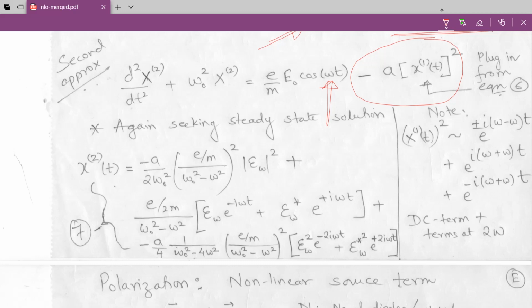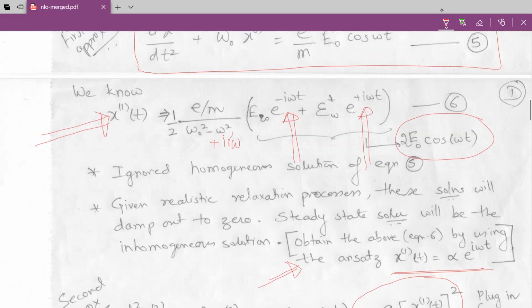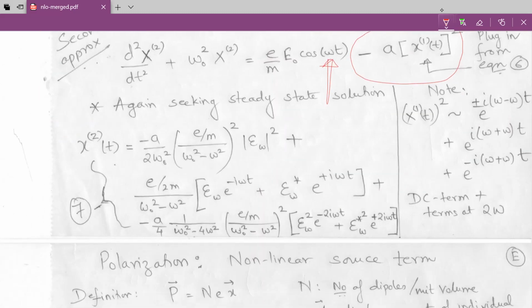Not just that, I have actually three kinds of drives. The x1 square involves a square of this particular equation number 6. So you see I need to take a product of this. So I have got plus i omega t, minus i omega t, and all combinations thereof. So essentially what I get is three frequencies, three terms.